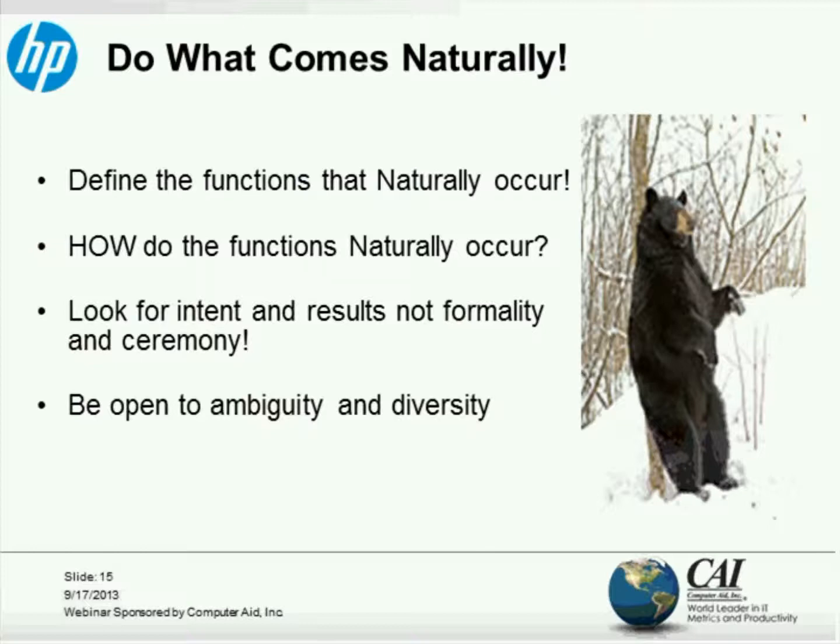When it doesn't, many times they recognize a problem exists, and something happens to fix that. They may call that change management. They may call it data management. They may call it a lot of things in an organization. But look at what naturally occurs, and how do those things naturally occur.